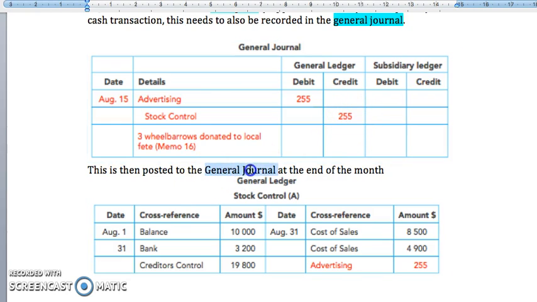So it's then posted to the general ledger at the end of the month. This is the general journal. This is the general ledger. So we can see stock control is going down because we're giving it away. Therefore, it needs to be credited. The debit as a result of this credit is in the advertising. So advertising is the cross-reference.